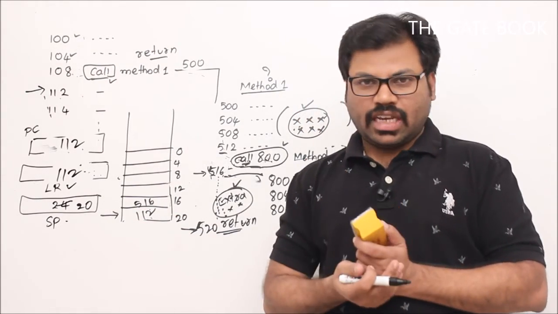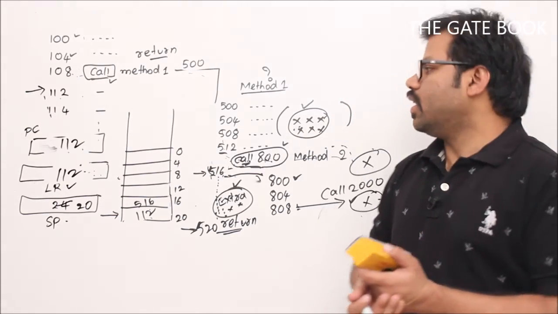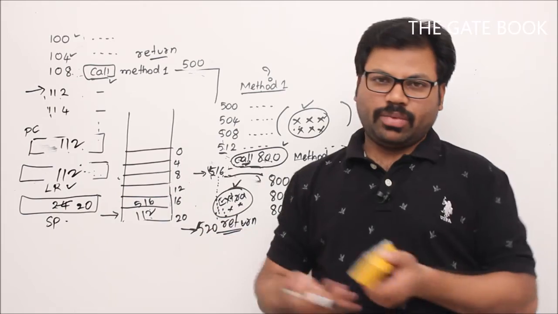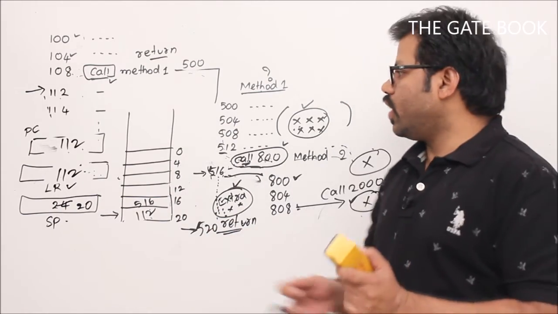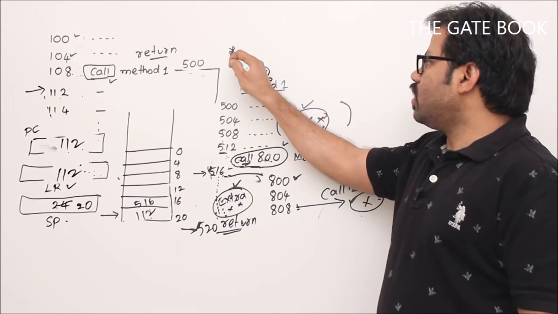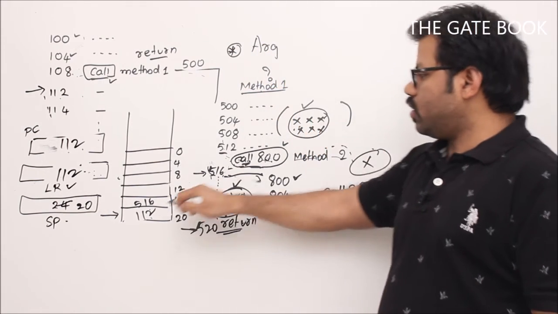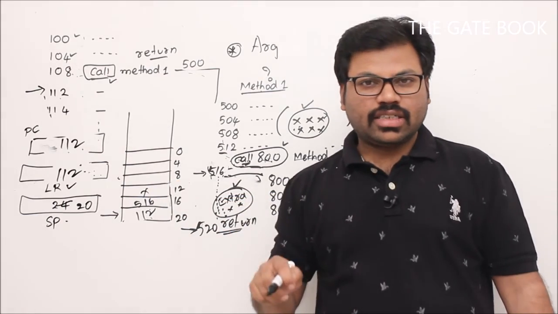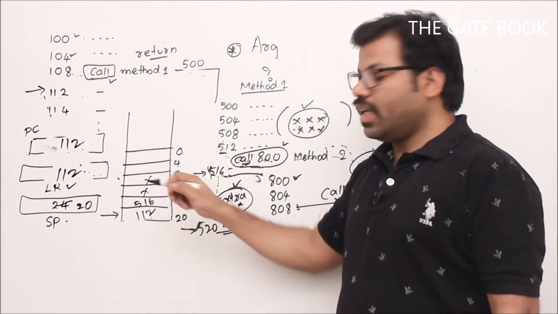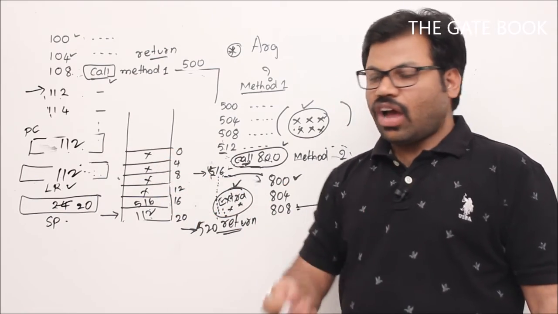So stack pointers can be used to implement nested functions. That is one thing, and of course we can use them for other purposes also. So this is the story about stack and nested functions. And remember one thing, of course I did not discuss it, but the arguments also generally we push. Did you remember in data structures and algorithms I taught, whenever there is a function call, generally we push all the arguments into the stack?